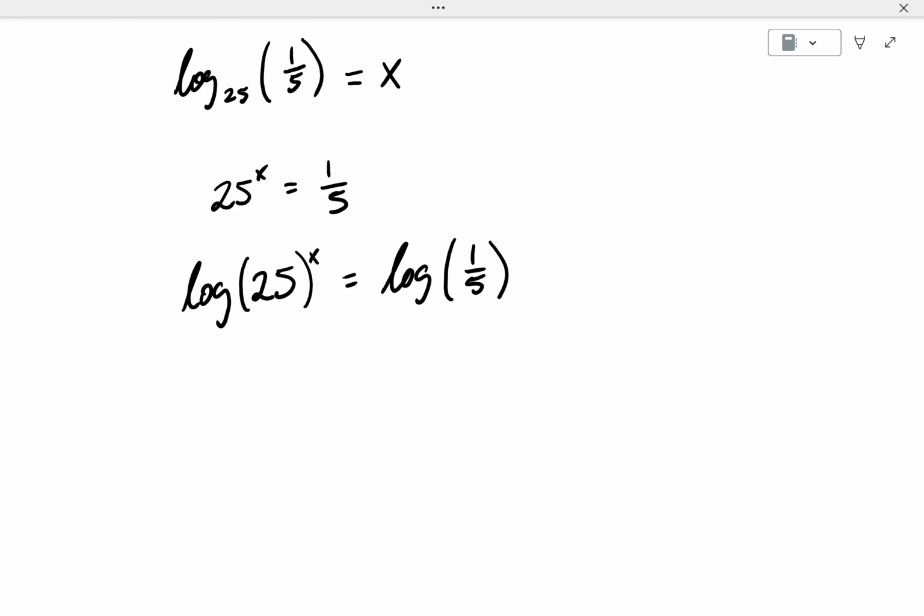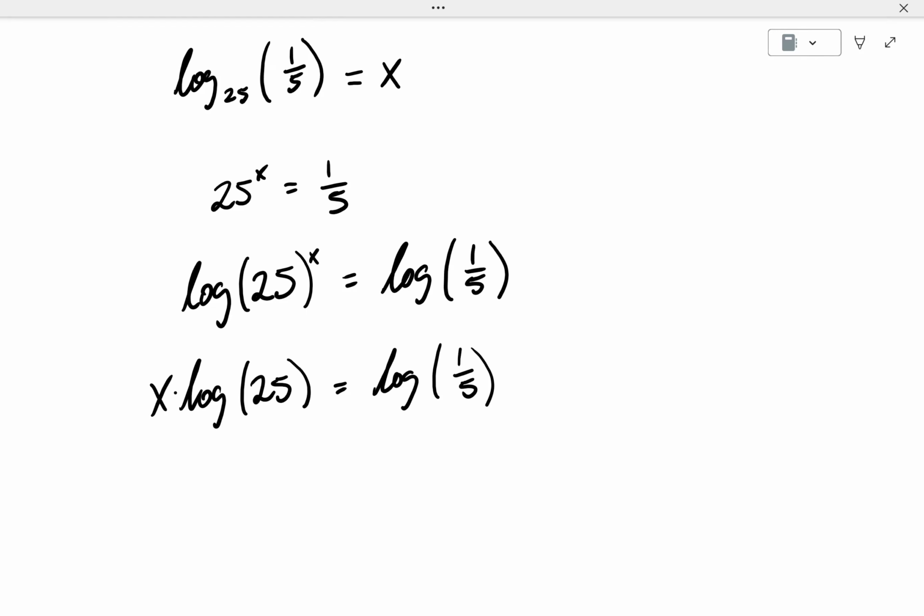And the power rule says if we have the log of something and it's raised to a power, we bring the power to the front. So we write it x log 25 equals log 1/5. And that's called the power rule. And this is just saying now x times log 25 equals log 1/5.